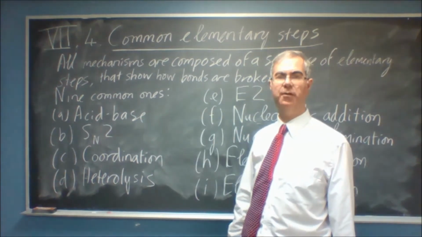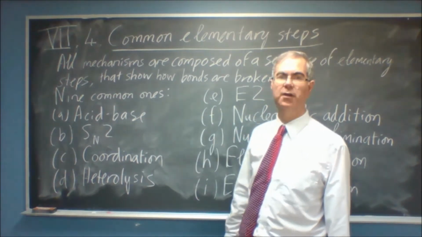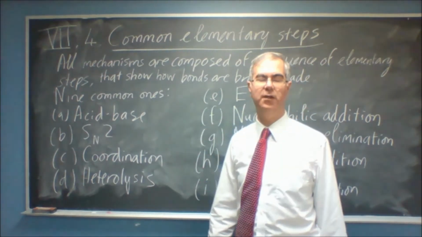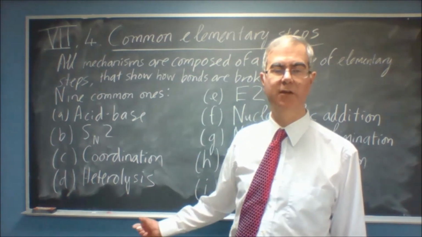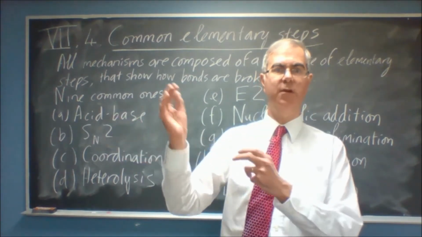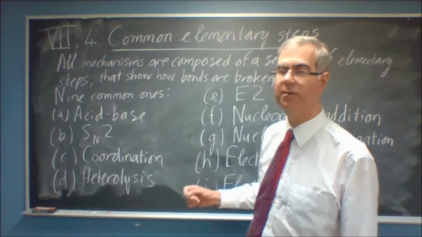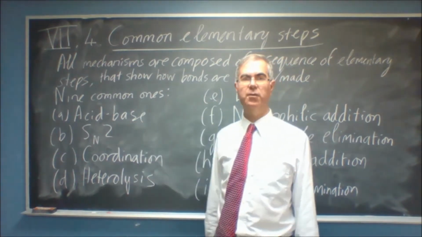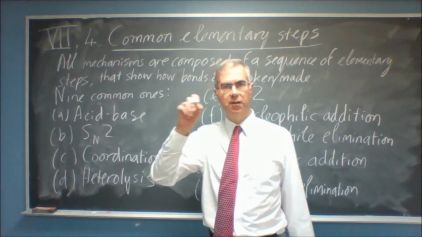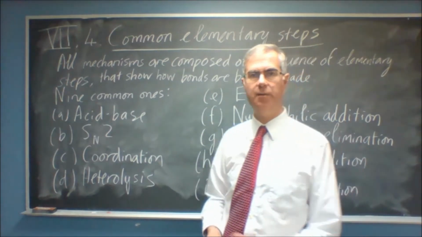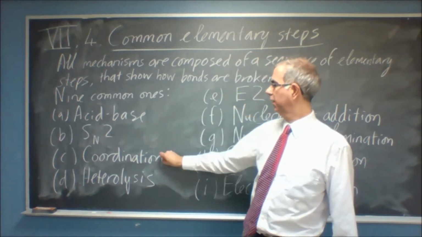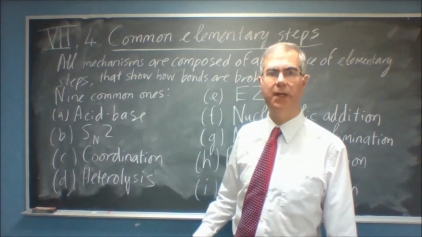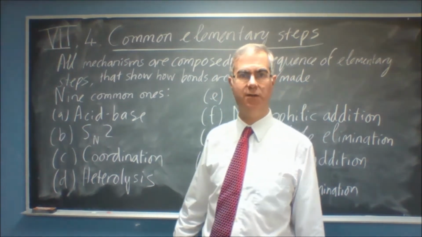Acid-base should be a very familiar one to you, even from Gen Chem, but we'll look at it in terms of the flow of electrons. That one I showed before where I did it wrong and then I changed it, that was a simple acid-base example. SN2 is actually very similar, except the flow of electrons happens at carbon instead of at hydrogen. Coordination and heterolysis are simply making a bond and breaking a single bond.